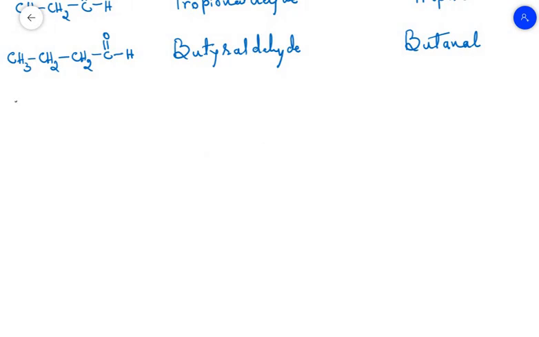Next we have a substituent: CH3 CH single bond CH3 C double bond O and H. Here this part is called iso. The total number of carbon atoms in this compound is 4, that is 1 carbon, 2 carbon, 3 carbon and 4 carbon. So the name of this compound is isobutyraldehyde.